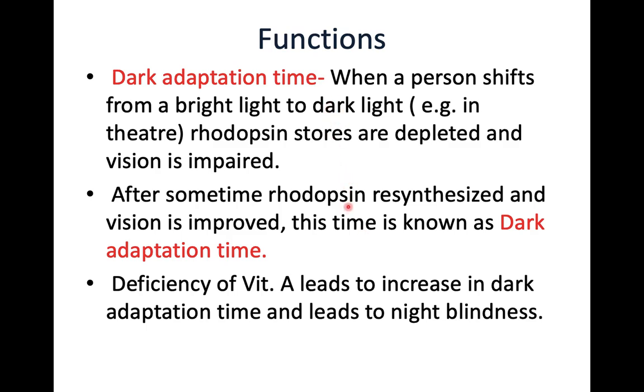Now, continuing with the function of vision, you have to understand a few other terminologies. One of them is the dark adaptation time. So what is the dark adaptation time? Sometimes, suppose you go from a lighter area to a darker side, or suppose the lights are suddenly off in the room, or there is a power cut at night, then it takes some time to see all the things in the dark.